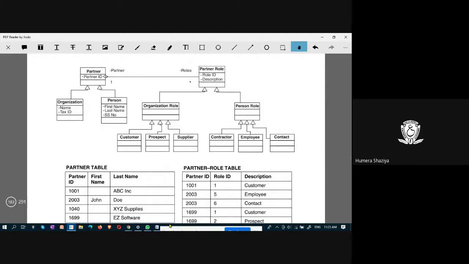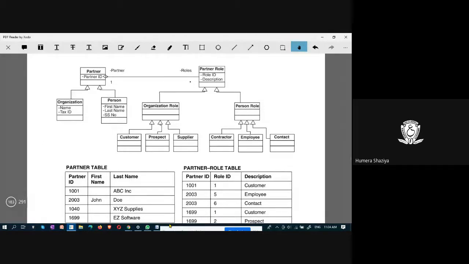This is inherently an ER diagram sort of thing, or a class diagram representing the tables. You have to have tables to create a software application. There is a partner table, there is a partner role table, and both are connected.